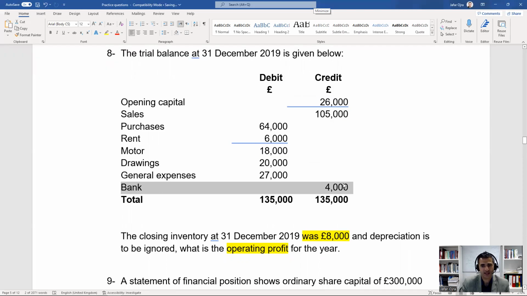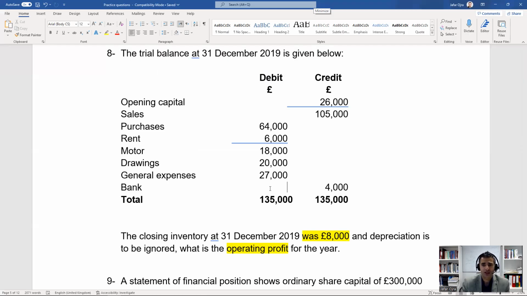If bank is on the credit side, it means a current liability, a bank overdraft, because bank can be debit or credit. But if bank is listed on the debit side, it means a current asset. Remember the debit and credit rules: money in, debit; money out, credit.